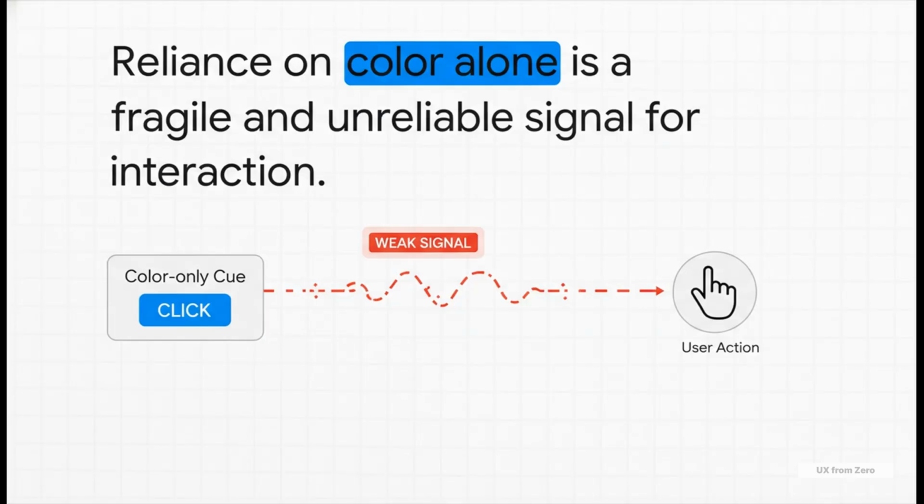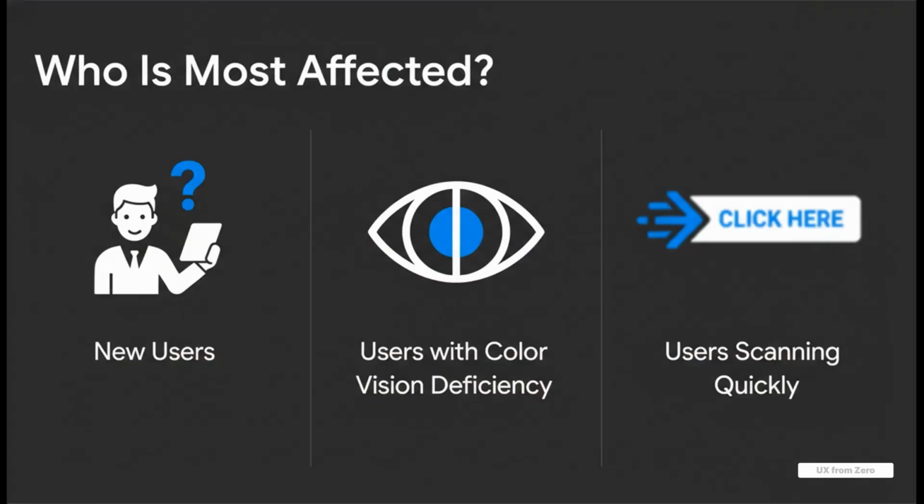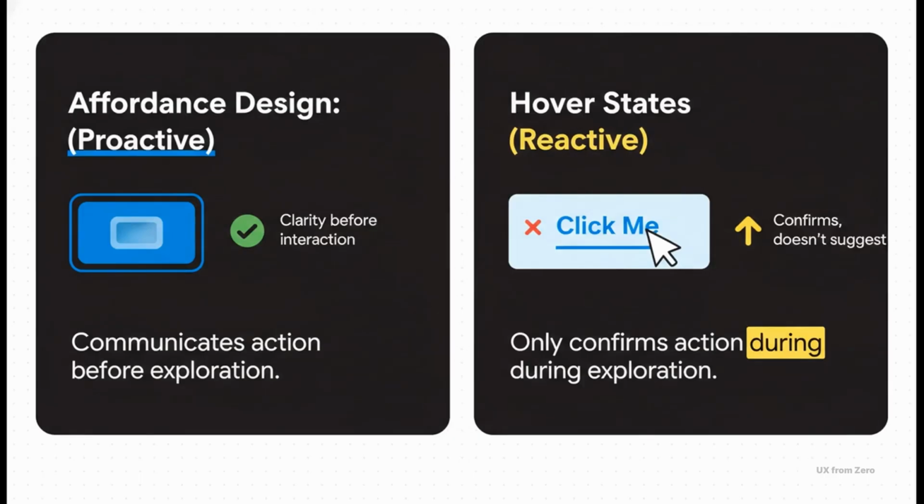And that's the whole problem in a nutshell. When you rely only on color to tell someone, hey, you can click this, you're using a really weak signal. It's just not enough. And think about who this really hurts. It's tough for new users who are just learning the ropes. It's a huge problem for anyone with color vision issues. And let's be honest, it gets all of us when we're in a hurry and just trying to scan the page fast. Now, I know what some of you are thinking.